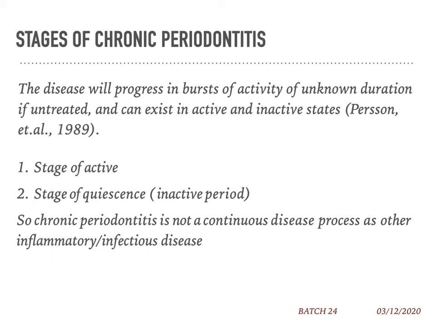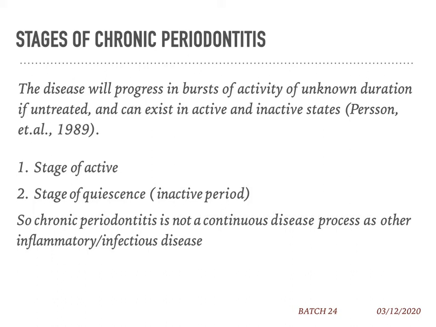During the stage of activity there will be active destruction, and during the stage of inactivity there will not be any destruction. The pocket stays at the same level. So chronic periodontitis is not a continuous disease process. There will be some period of activity and some period of remission or quiescence, where there is no activity.